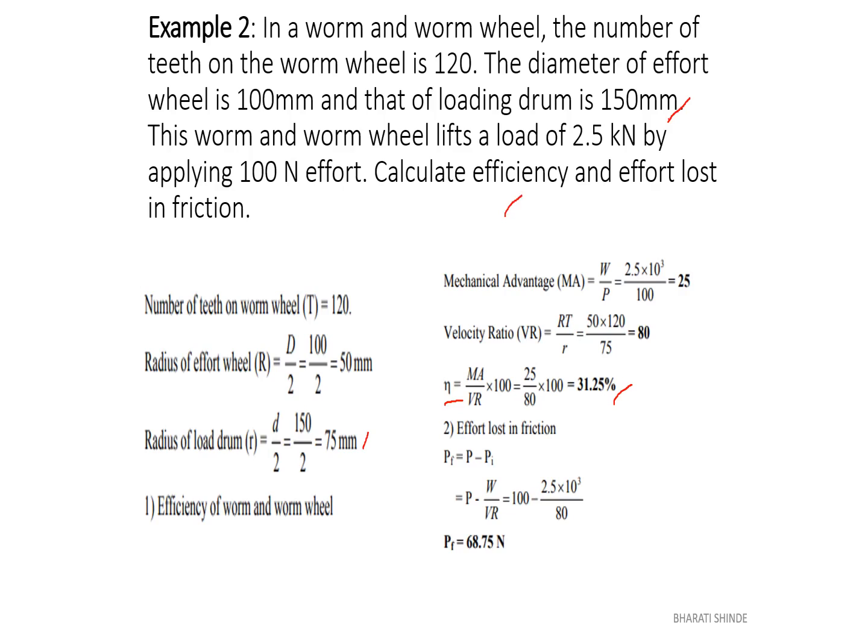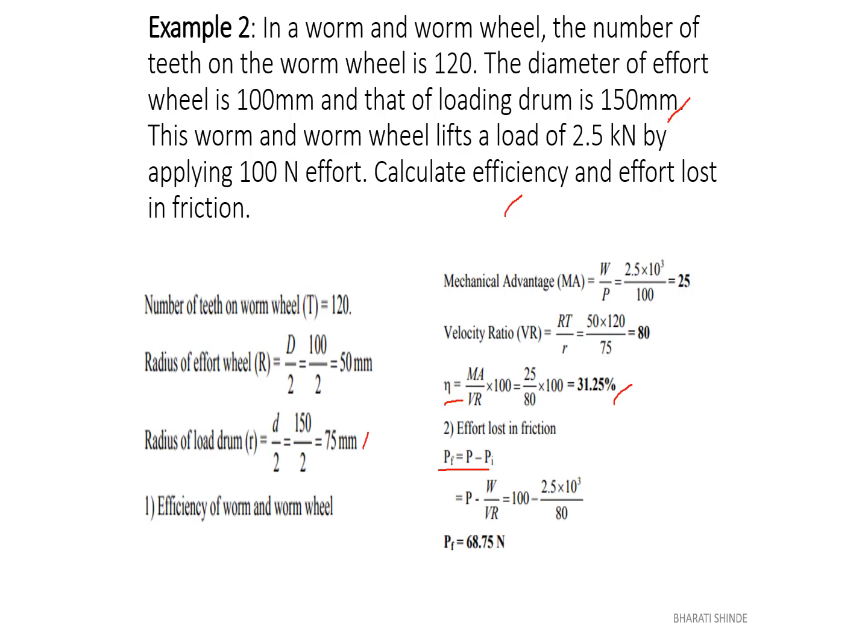Now find effort lost in friction. So for this, write formula PF is equals to P minus PI, which is the formula for effort lost in friction.